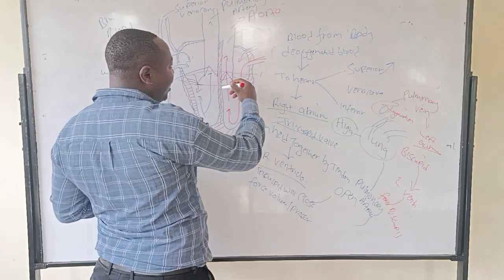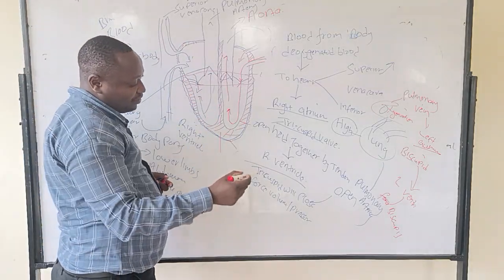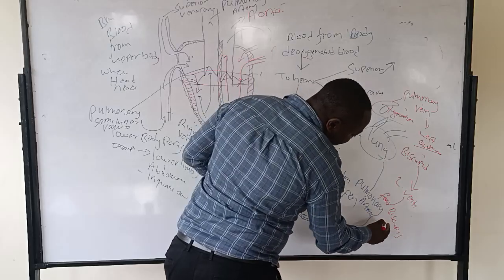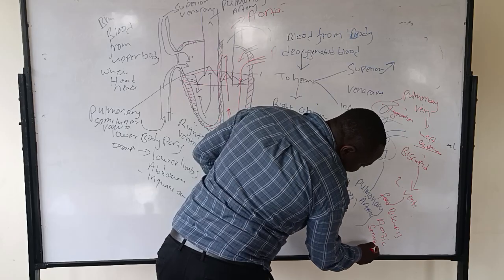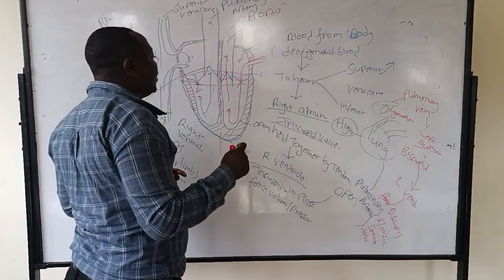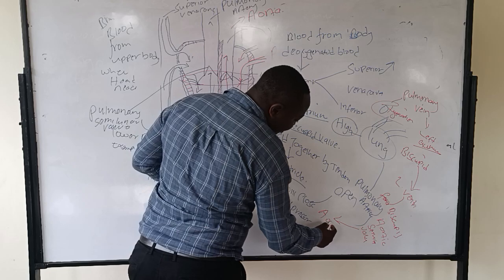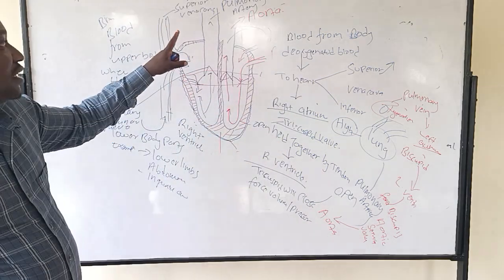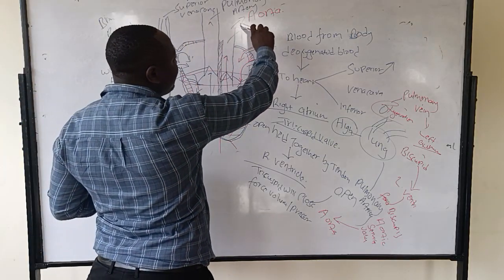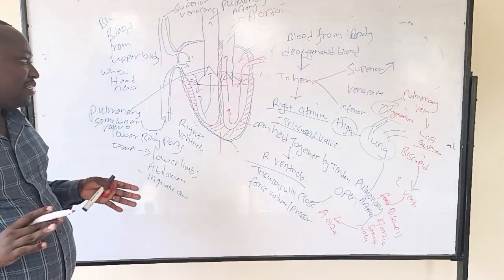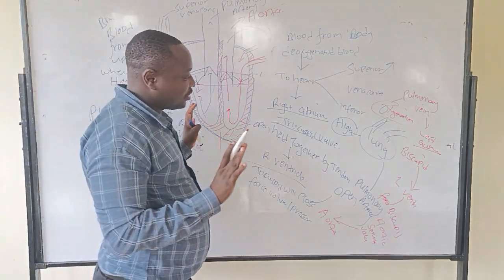Then it will force the aortic semilunar valve to open, so that now the blood can flow to the aorta. And once the blood flows to the aorta, we get this blood flowing to all the body organs that we have in the body. And that's the flow of the blood and also the structure of the heart.